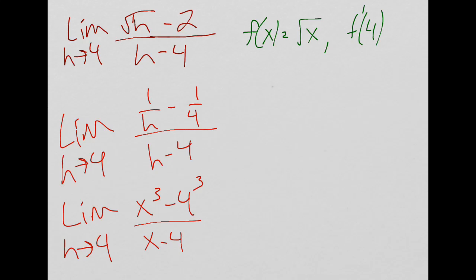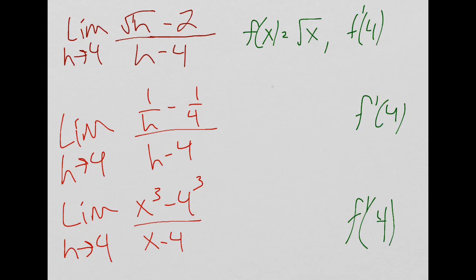Notice all of these have the h minus 4s in the bottom, which means that yes, I'm looking for f prime of 4 here, and I'm looking for f prime of 4 here. What's different is the function. See if you can go ahead and guess these two functions. Hit pause.